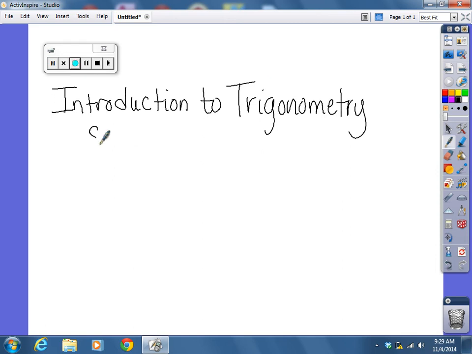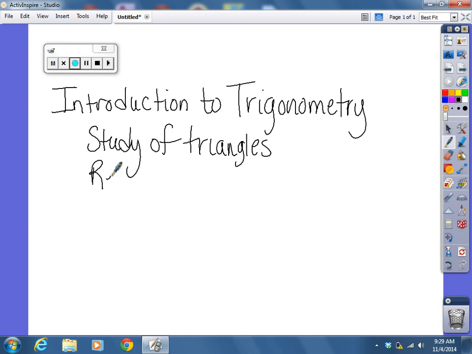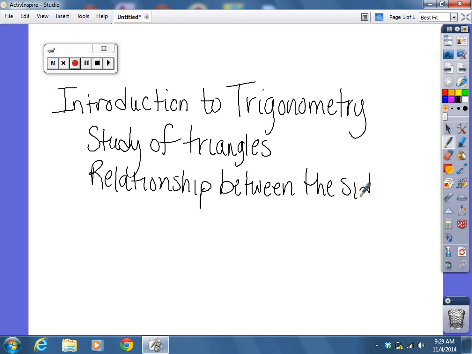It is the study of triangles, and it's the relationship between the sides and the angles of right triangles.